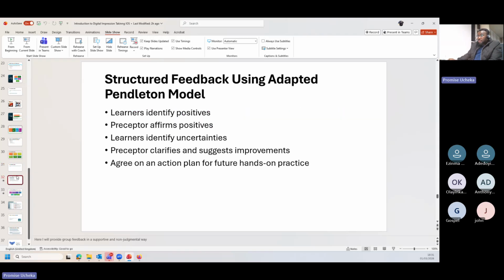So what we are going to do now, just because we are done with almost everything, is look at a bit of feedback on what we've done. With this method of introducing you to the concept of digital impression taking, what do you think are the positives about what we've done today?